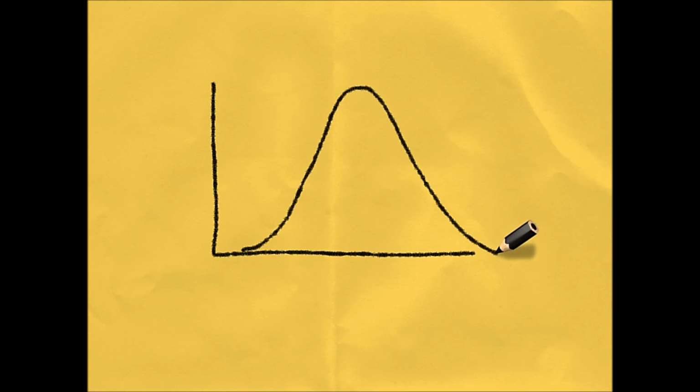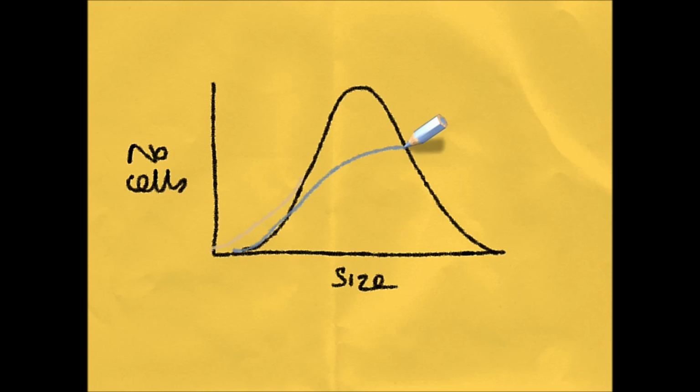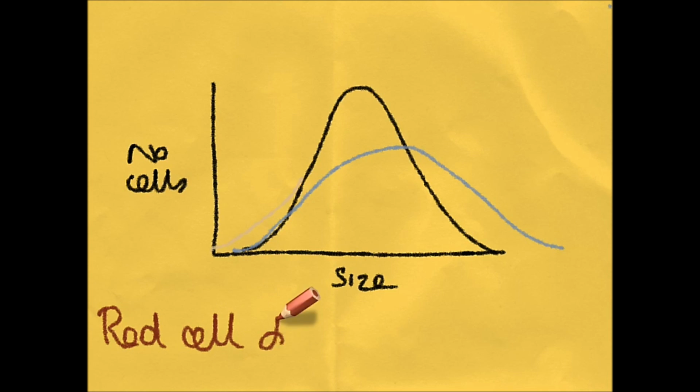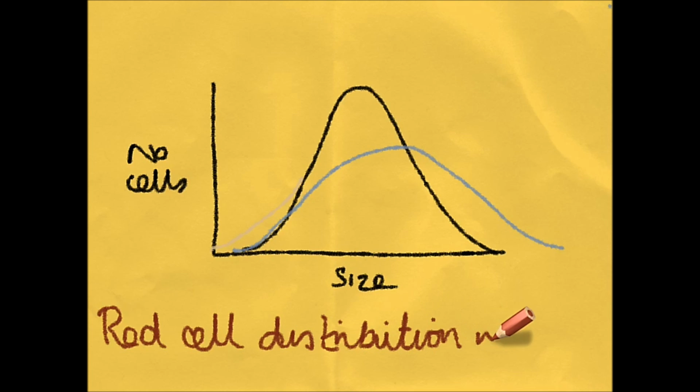And this should be normally distributed. And so if you have changes in the shape of the normal curve, it can tell you if there are perhaps small cells there, or perhaps if there are lots of cells of different sizes. And this is called the red cell distribution width. And it can be given as either a coefficient of variation, which is presented as a percentage, or a standard deviation.